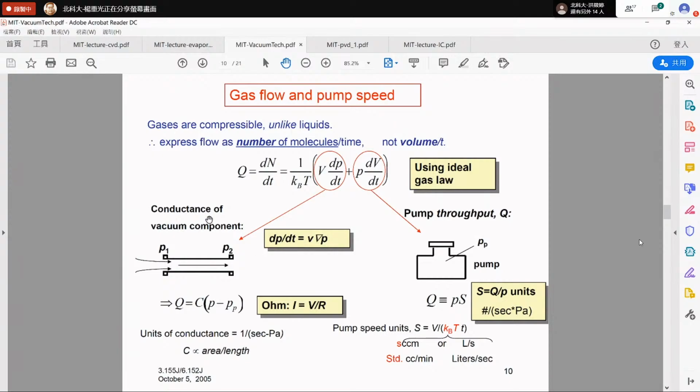So this is the conductance of the vacuum component, and this part is the pump throughput, which is how fast you can remove the molecules.